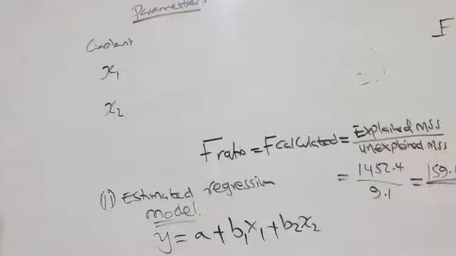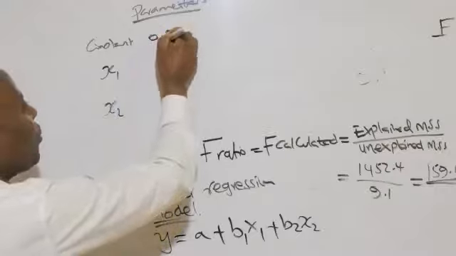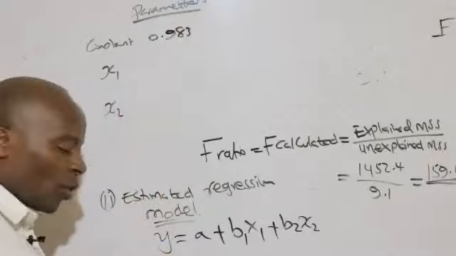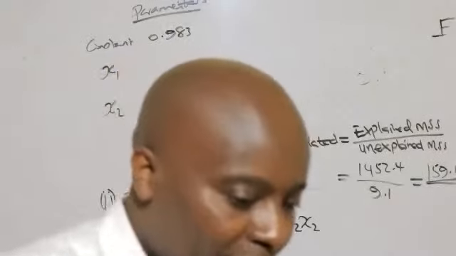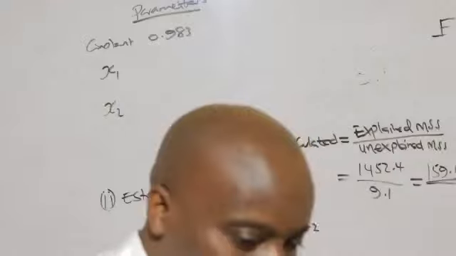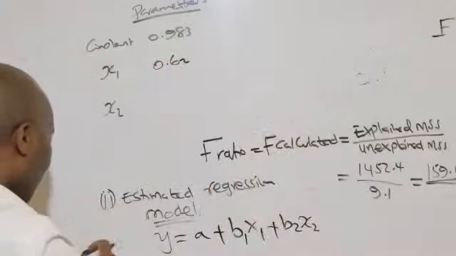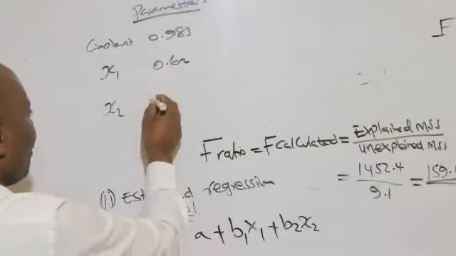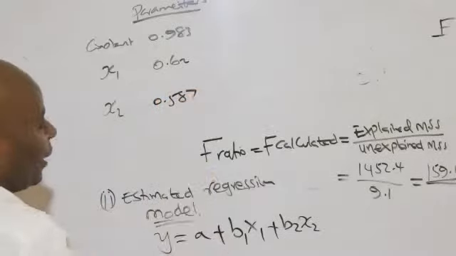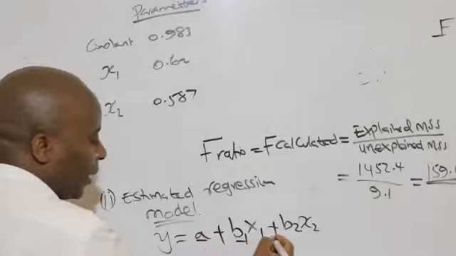The constant parameter is 0.983, the x1 parameter is 0.62, and the x2 parameter is 0.587. So these are the regression parameters.